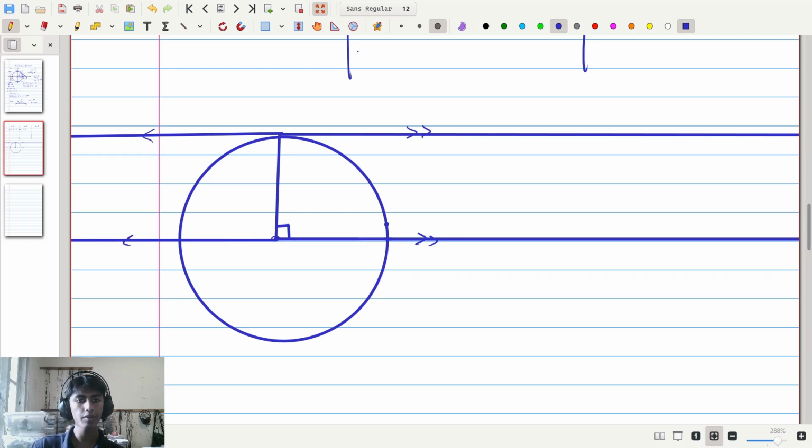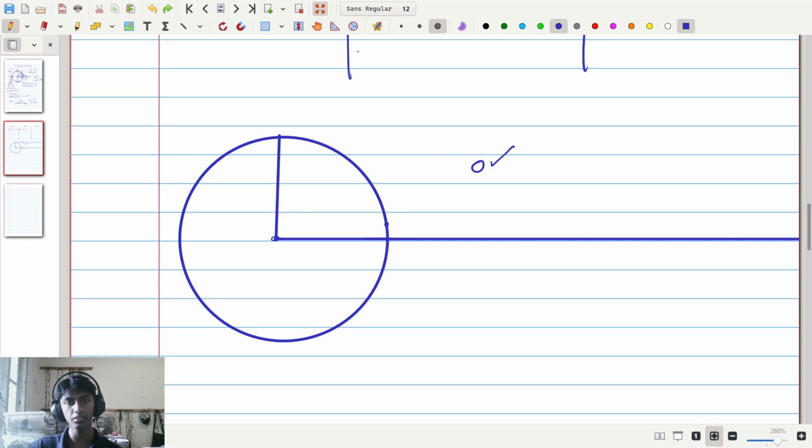In fact, if we make this angle theta a little bit larger than 90 degrees, something like this, now we can see, drawing this tangent, it is intersecting the axis in the negative direction. In the negative x direction, there is an intersection.